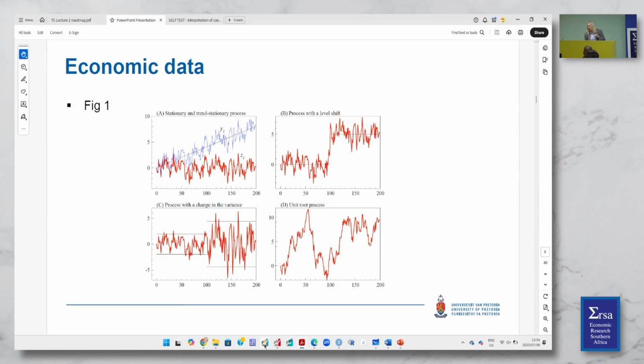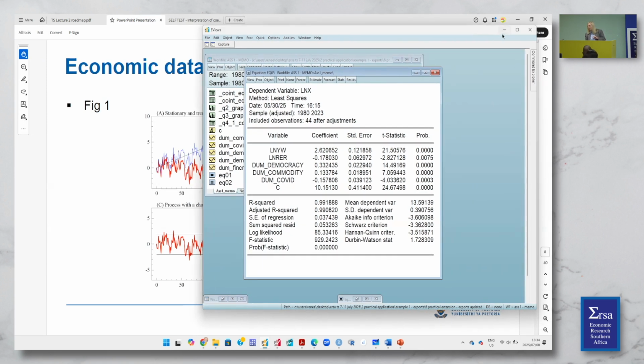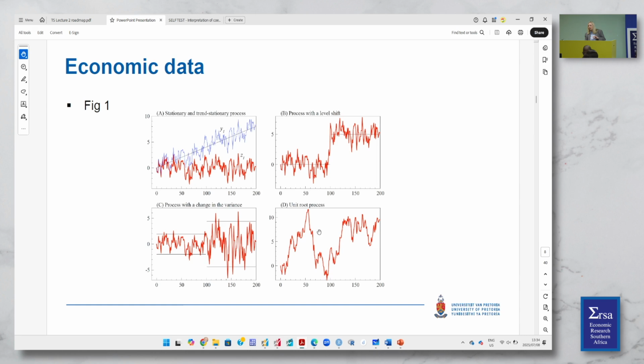We know that in that application of ours, some of the series look like non-stationary depictions here. Some look like random walks, etc.